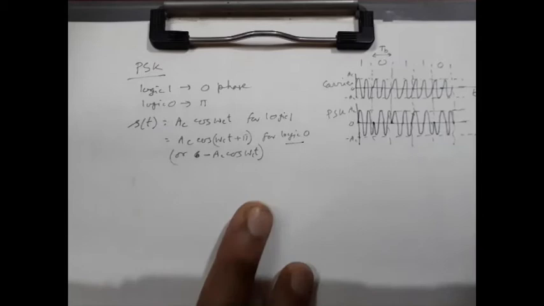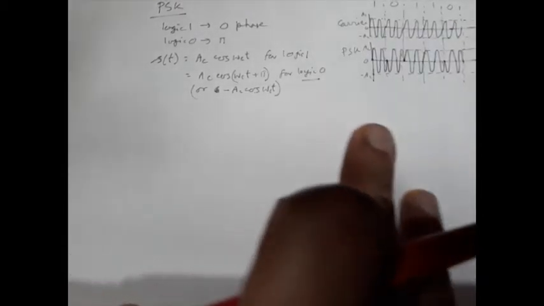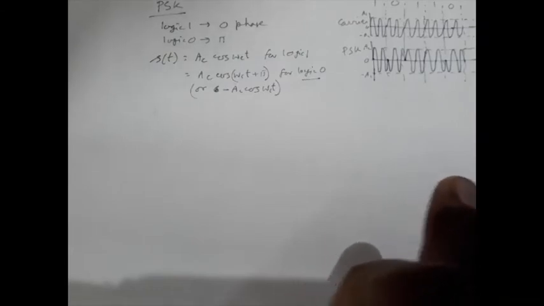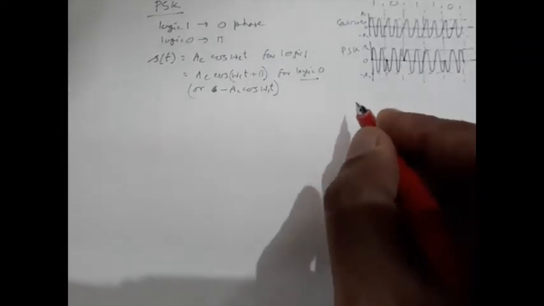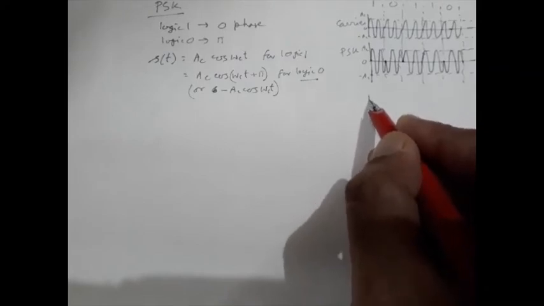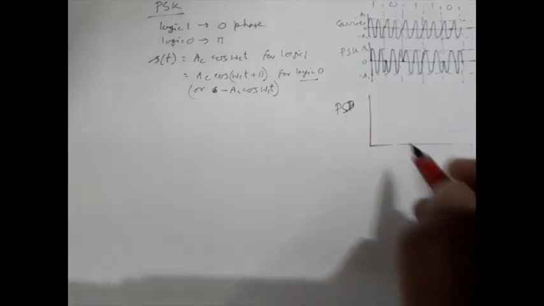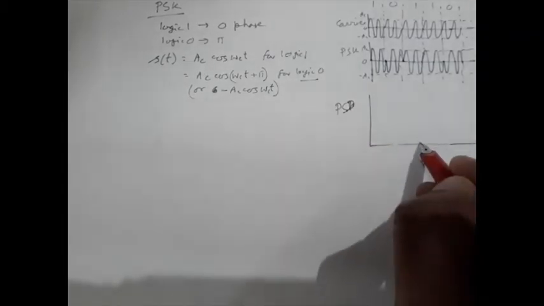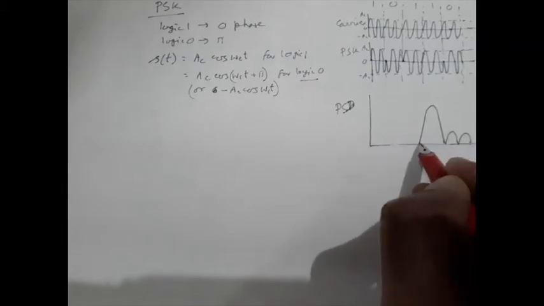The transmission of PSK, unlike ASK, is polar in nature, otherwise it is almost identical to that of the ASK, particularly the spectrum. So the power spectral density of PSK is almost identical to that of ASK.